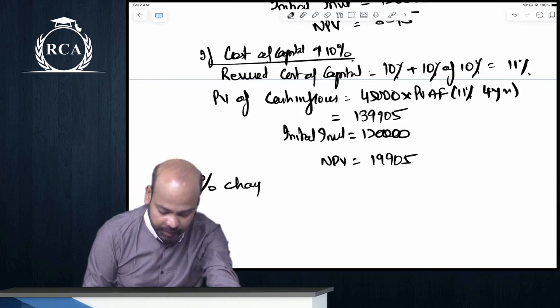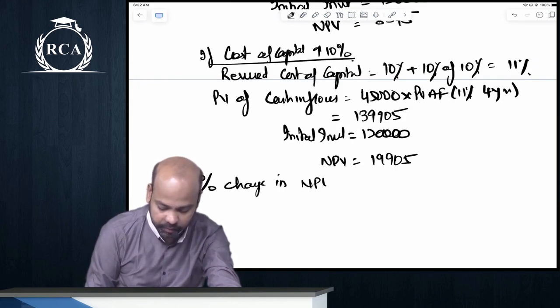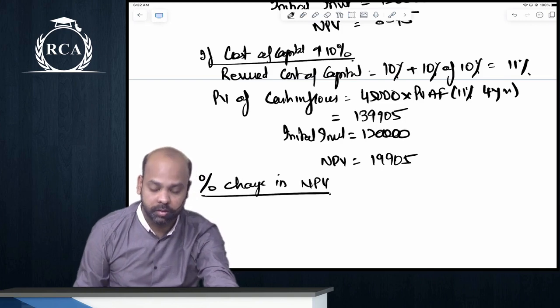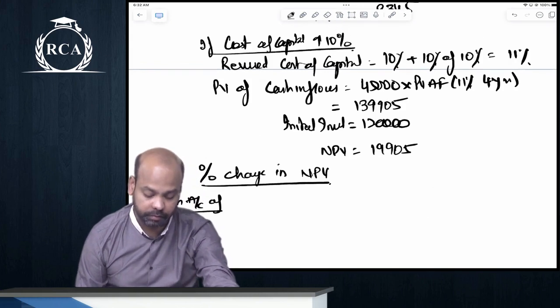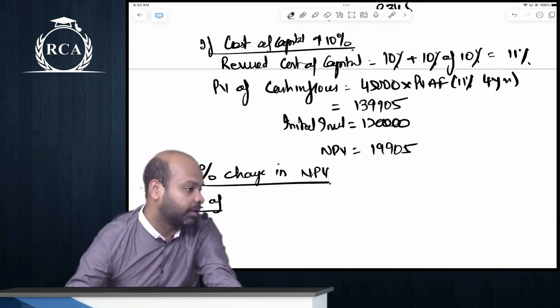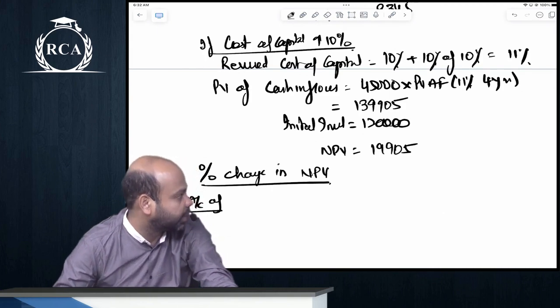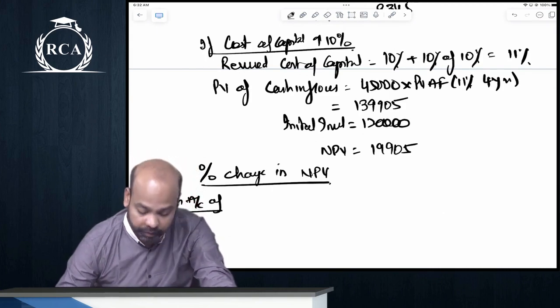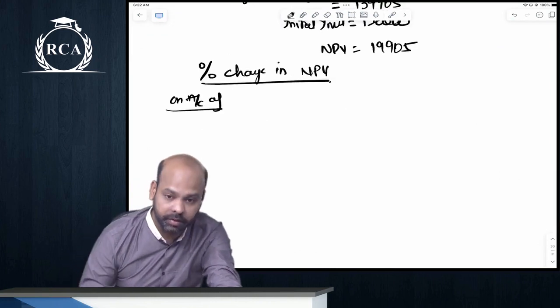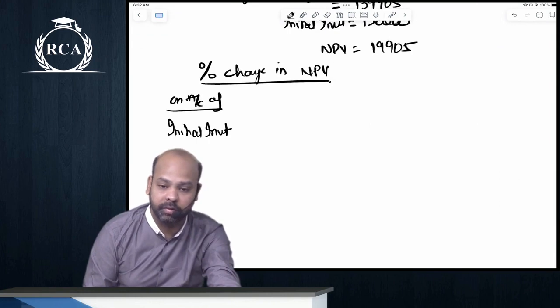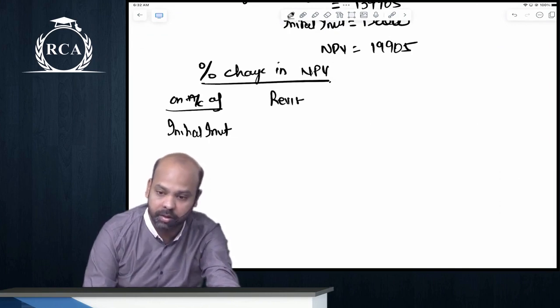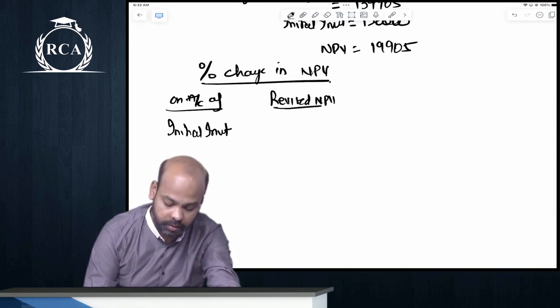Percentage change in NPV, guys. There are three variables; what variables did we take, beta, on account of? Did you all get the last NPV also, beta, 19,905? The three variables that you will have to consider, beta, first is initial investment, guys. What was your revised NPV, beta? 10,605.